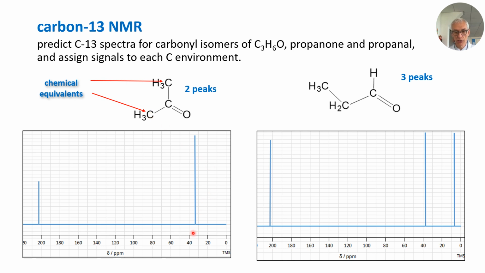So they will both contribute to this carbon-13 signal, but it will just be the one signal. This signal will correspond to the carbon double bond oxygen in the range 160 to 220. So we can confidently say that this is the spectrum for propanone, and this is the spectrum with 3 peaks for propanal.